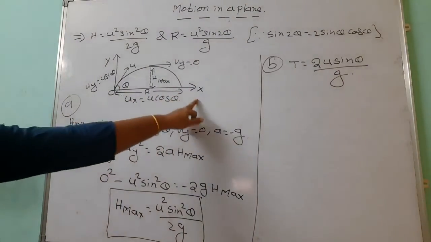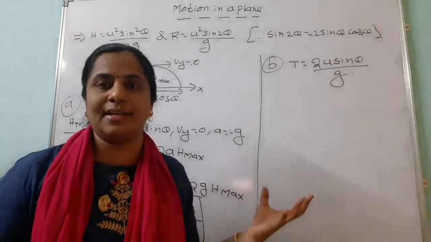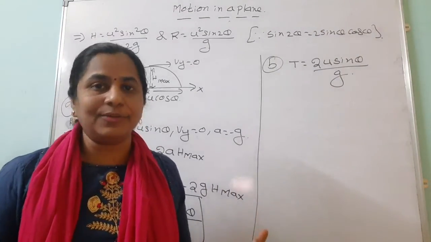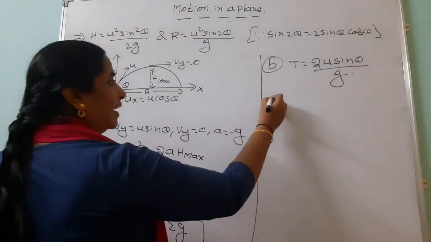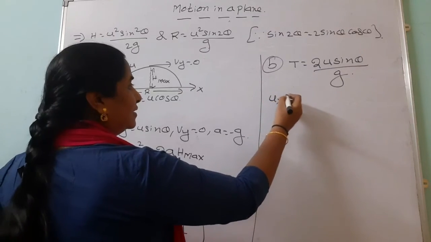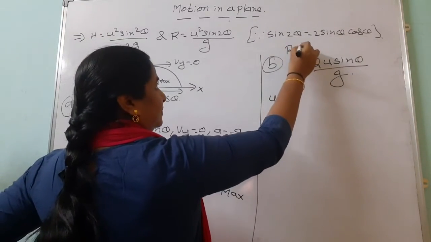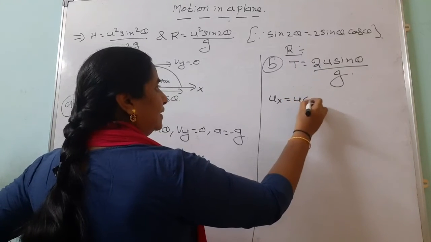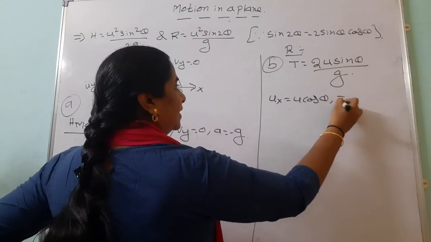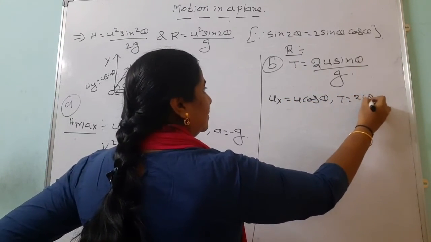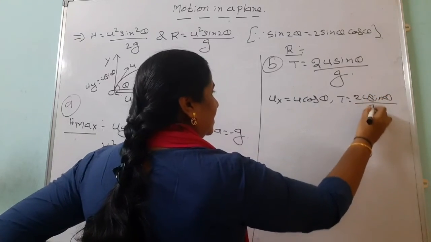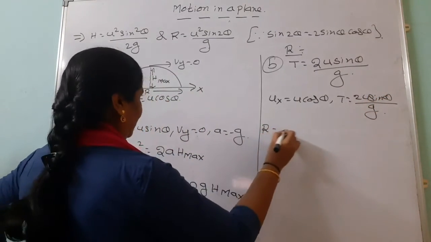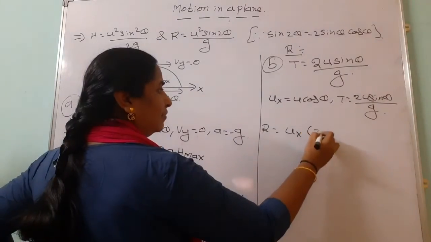Horizontal distance, the general formula, is velocity into time. Here the velocity along the horizontal, ux, equals u cos theta. The time of flight is 2u sin theta by g. So r equals ux into time of flight.